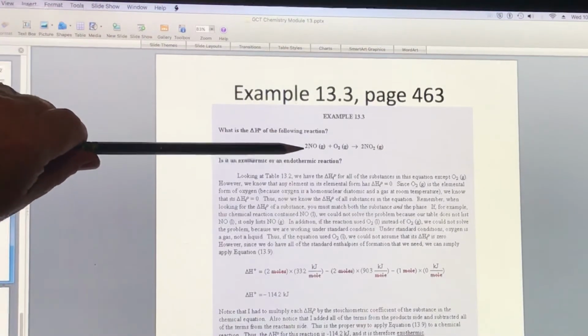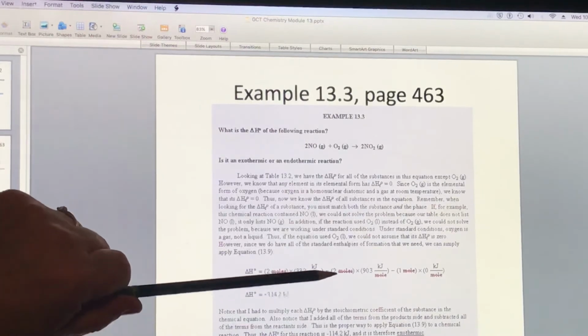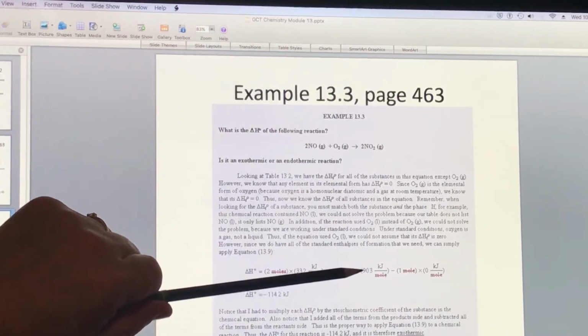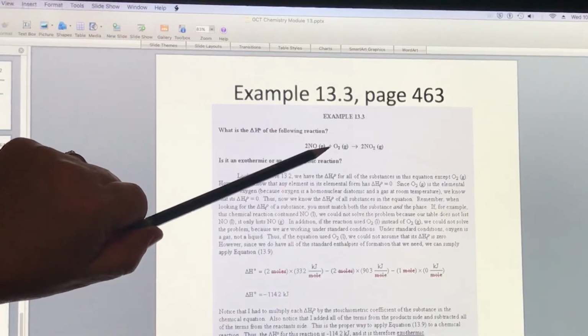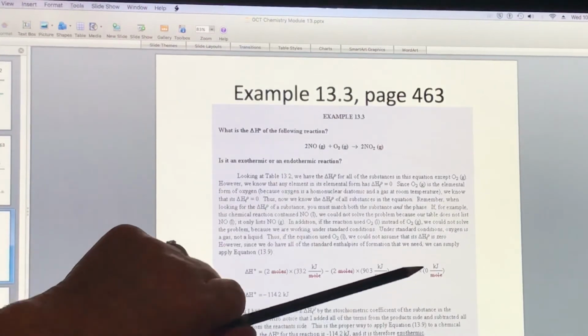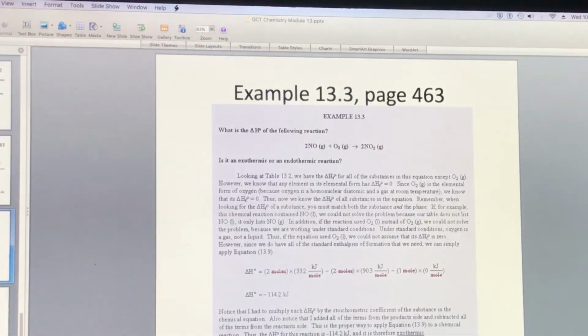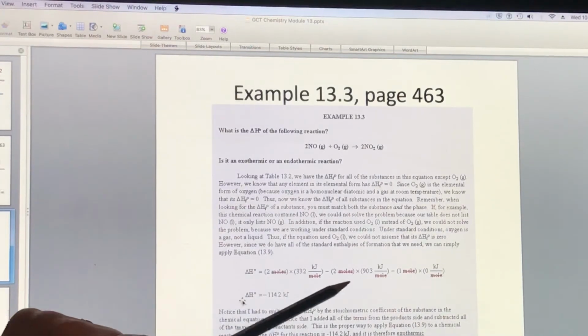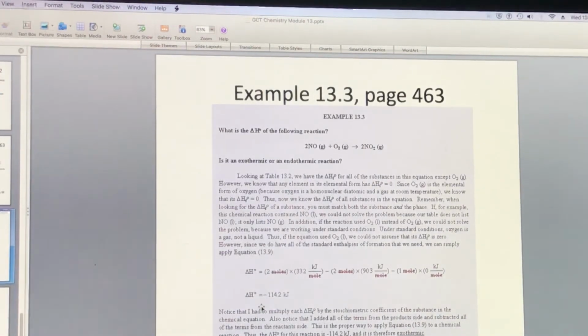And there's a 2 in front of that as a stoichiometric coefficient, so it's going to be 2 times 90.3, minus, now in this case, because O2 is in its elemental state, that is just going to be 0 for that value. So this part ends up being 0, and it can be more or less disregarded. All right, so our delta H in this case was this value minus this value, and we have negative 114.2 kilojoules. Since it's negative, again, it's exothermic.